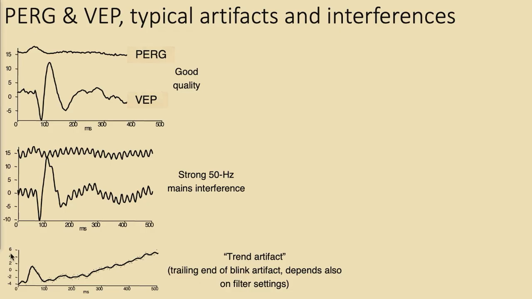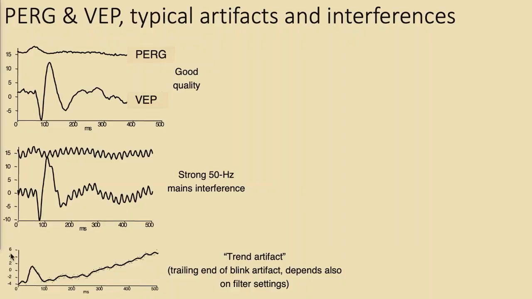And here you have something which looks like it's going upwards from here to here. And that's what we call a trend artifact. These trend artifacts can come from various sources. Sometimes simply the baseline of the signal has slow fluctuations.